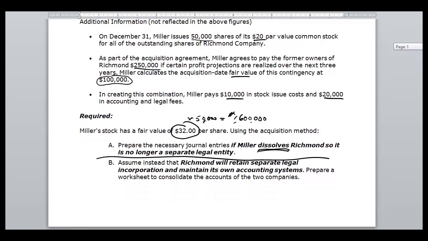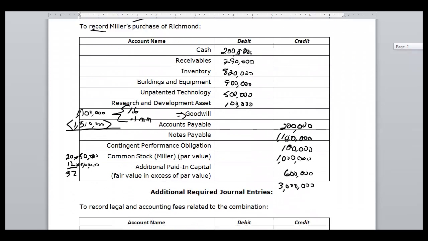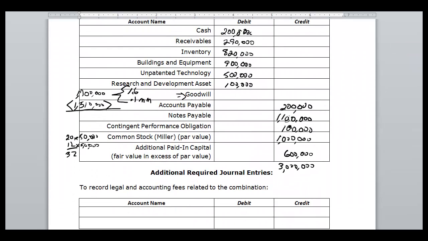Now, remember from your reading, if you pay in excess of the market value of the identifiable net assets, meaning the assets minus the liabilities, that's the net number. And so on a net basis, I'm getting $1,510,000, and I am giving up 1.7 million. So that difference is $190,000 of goodwill.